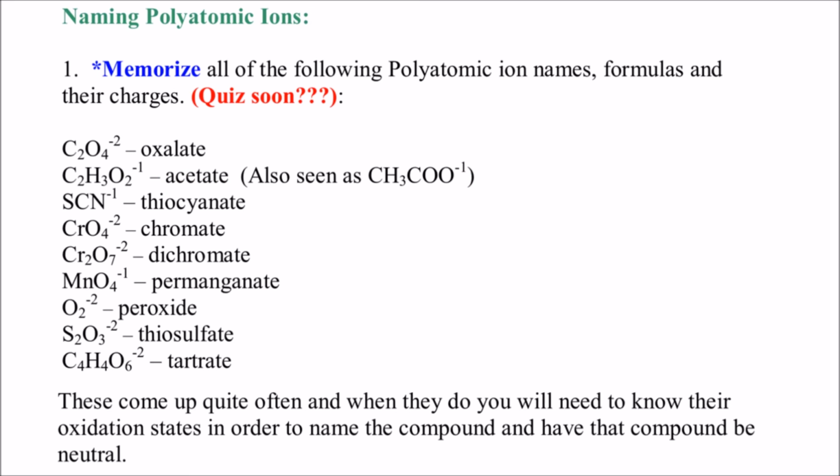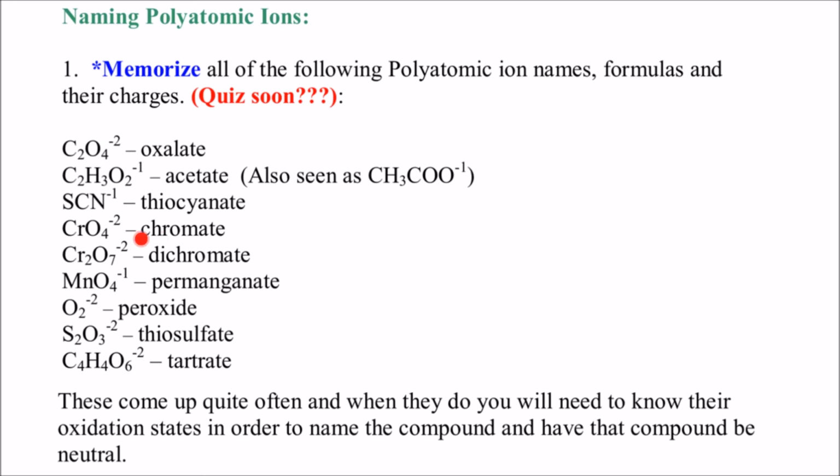Okay? Then we have thiocyanate. Anytime you see thio, that's telling you that there's a sulfur there. And then CN, you remember as part of your exceptions, that's the cyanide, but here in this polyatomic molecule, it's cyanate, and it's got a -1 charge.